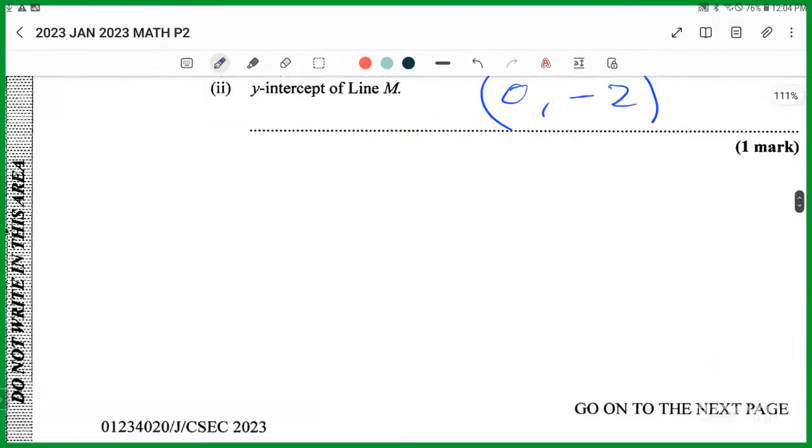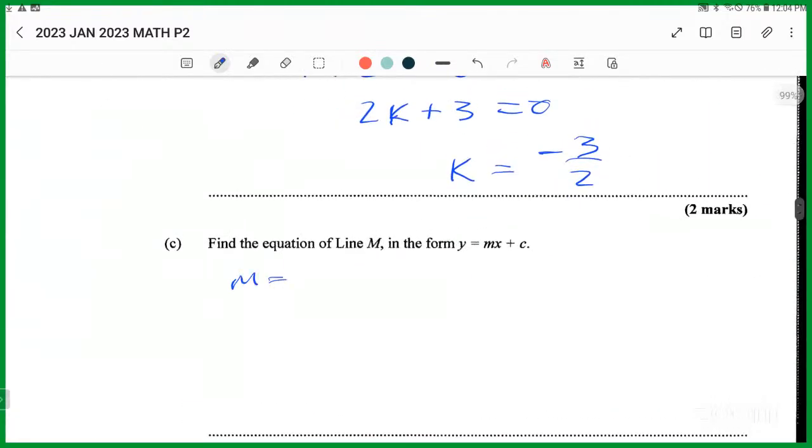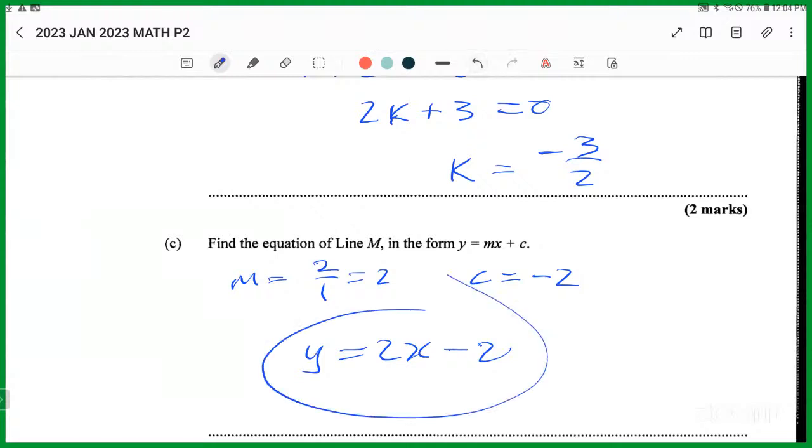Now the gradient is 2 and c is negative 2, so the equation is y equals 2x minus 2. Nice and easy. Given a graph, you don't need calculation, get everything you want from the graph.